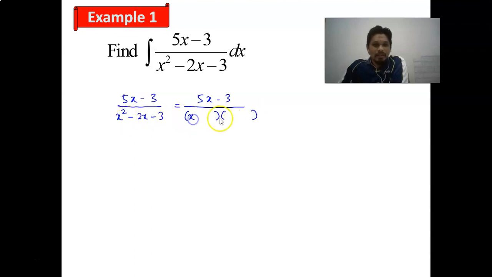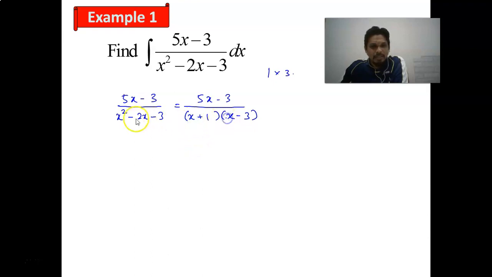Okay, x and x, 3. 3 is a multiplication of the pair of numbers 1 multiplied with 3. So, 3 and 1, and the difference is negative 2. So I think that is negative 3 and 1 here.